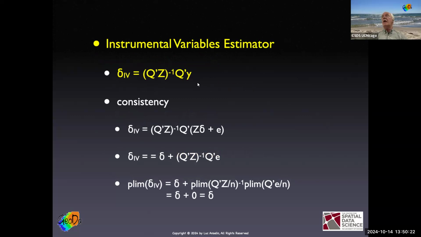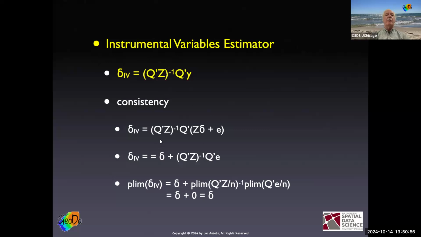It looks a lot like OLS. OLS would have been Z prime Z inverse, Z prime Y. So this is Q prime Z, with Q mostly being the same as Z. All the exogenous variables are just themselves, but then the endogenous ones are replaced by an instrument. And it's a K by K matrix, the same number of instruments as there are endogenous variables.